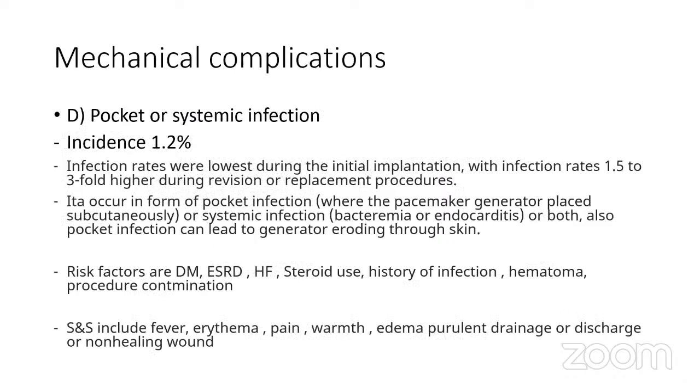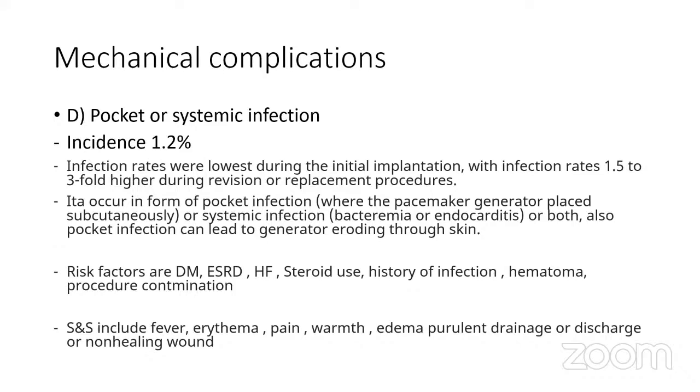Next, we have the infection, which can be local, like a pocket infection, or a systemic infection, with an incidence of 1.2%. Infection rate was lowest during the initial implantation, with the infection rate 1.5 to 3-fold higher during the revision or replacement procedures.